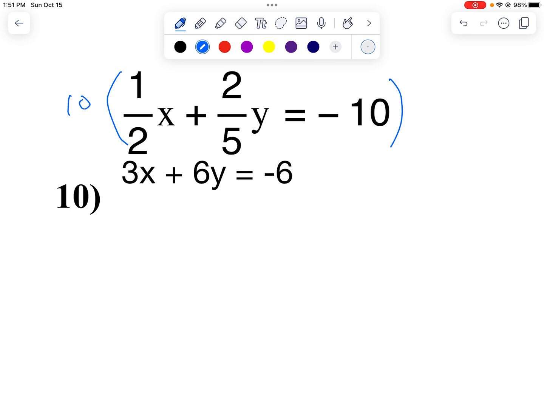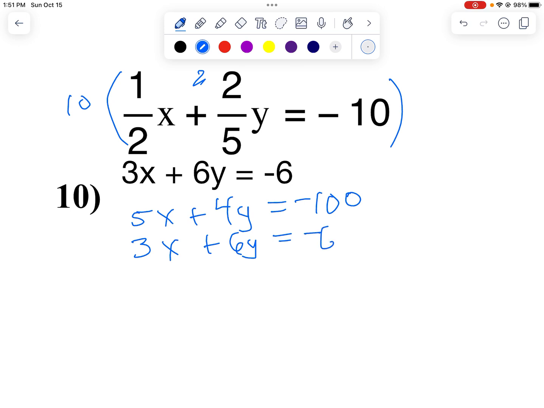Well, that's 10. So half of 10 is going to be 5x. 5 goes into 10 2 times, so 2 times 2 is 4y. 10 times -10 is -100. Now I'm going to write below that 3x plus 6y equals -6.